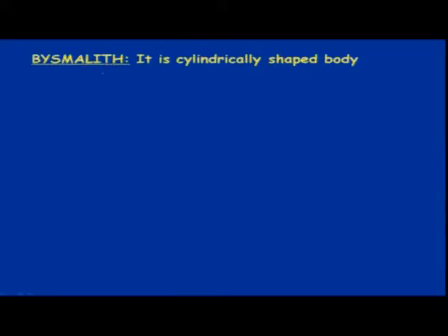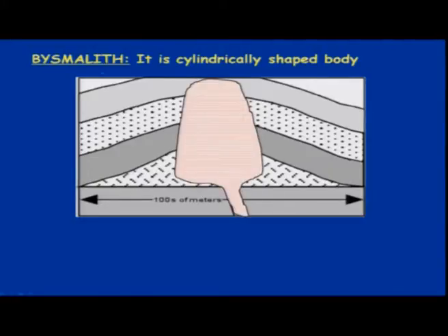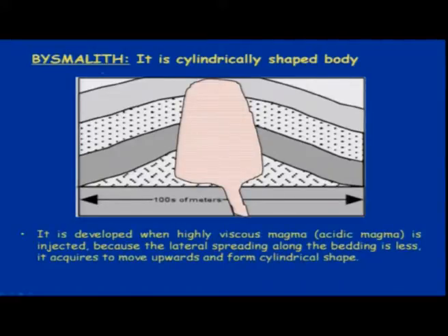Now, there is another one which is termed as bysmalith. It is a cylindrical shaped body. It is very similar to the laccolith, but we find this as an intrusive body within a dike at depth, and at the top we have some intrusion, like what has been shown in the figure.